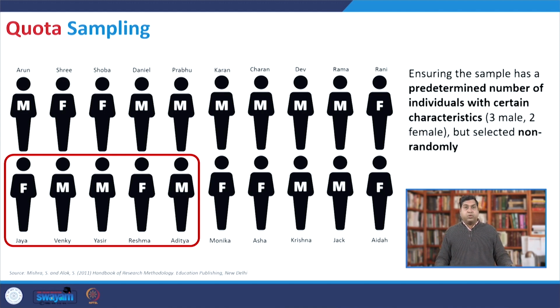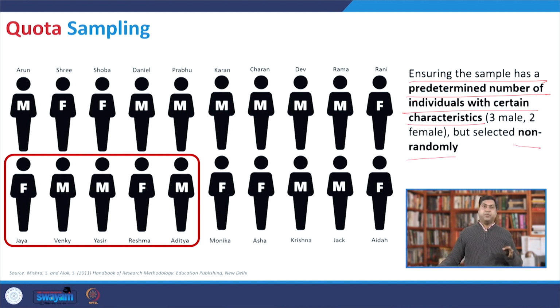Next we go with quota sampling. So what exactly is it? Here we ensure the sample has a predetermined number of individuals with certain characteristics, but the selection is non-random.